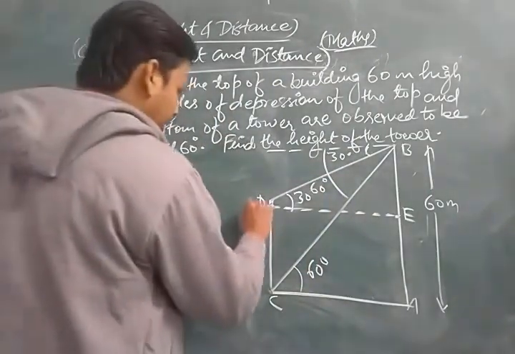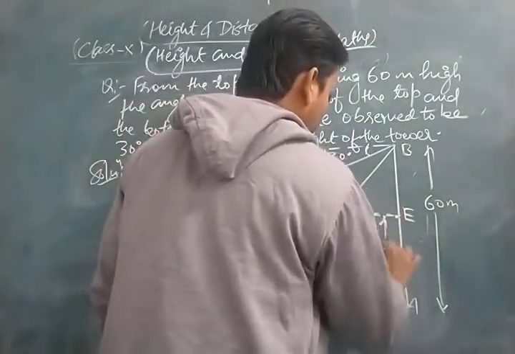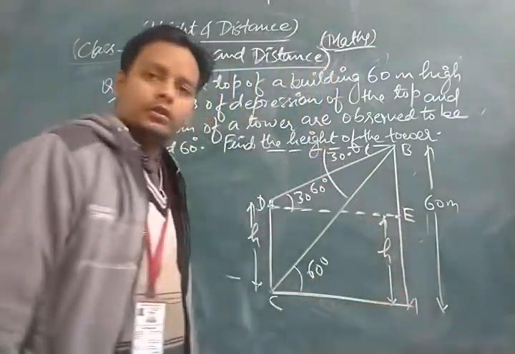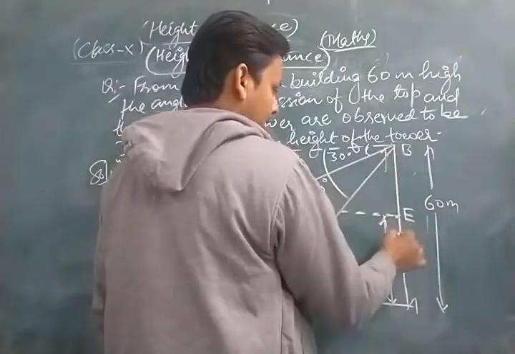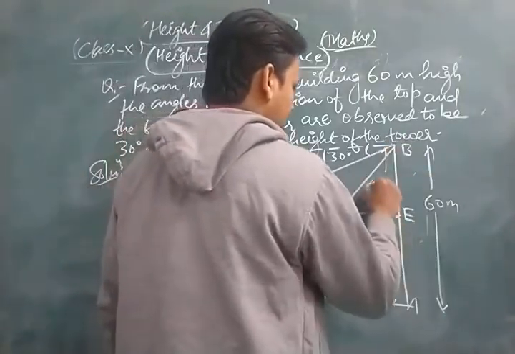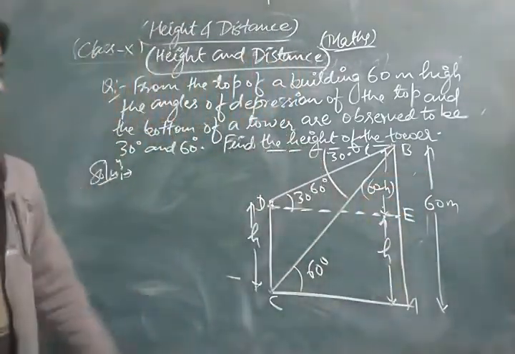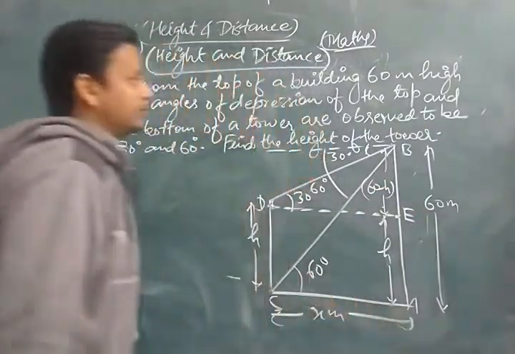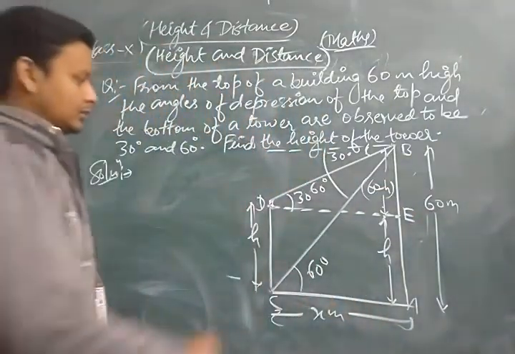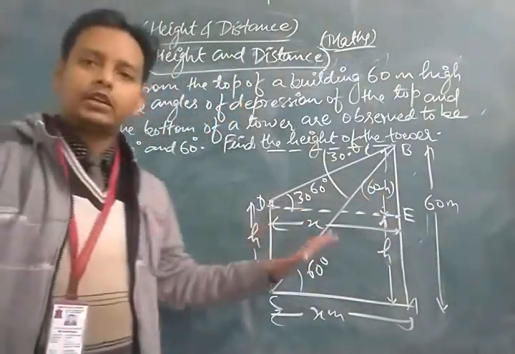Let H be the height of the tower. This is H, so BE, which is 60 minus H. Let us take AC equal to X meters, so DE is also X. This is the figure according to the question.